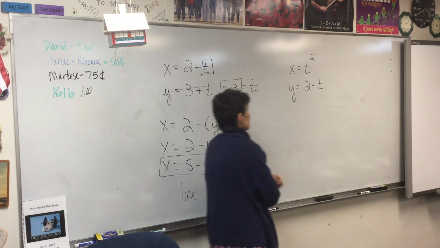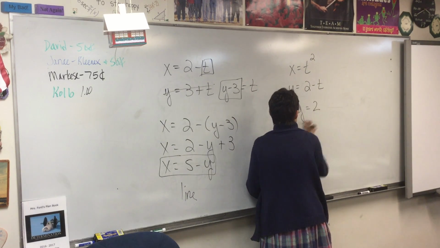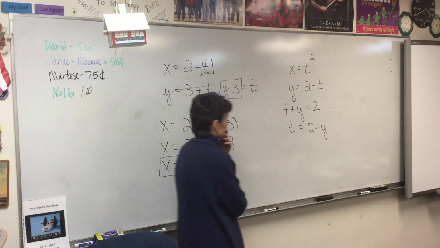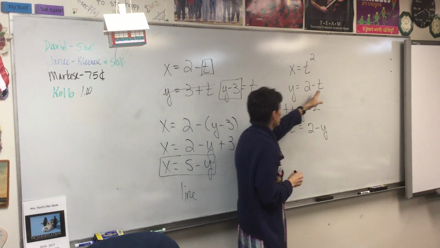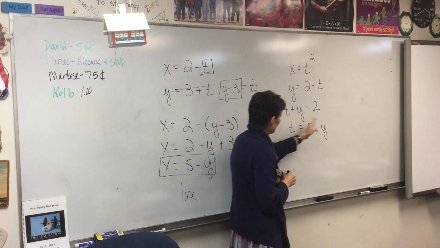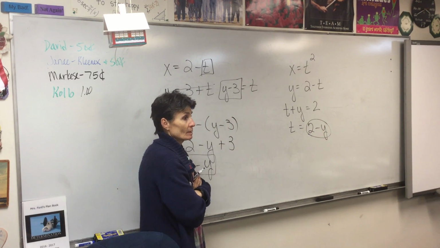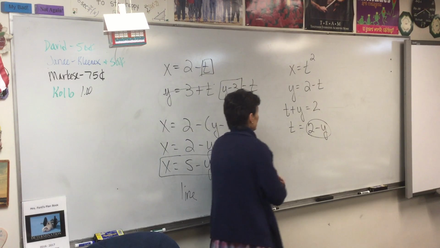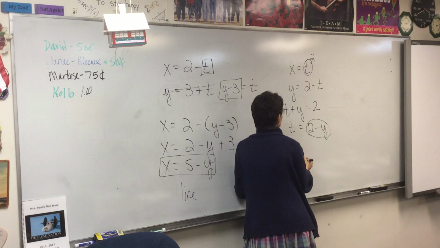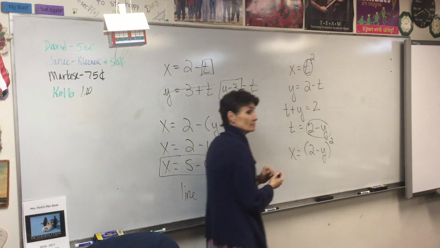So it might be better to move the t over and subtract the y in this equation right here. So I added the t over here and then moved the y over. So t is 2 minus y. Is that okay? Then I can take that and plug it in here. So I have the equation x equals 2 minus y squared.